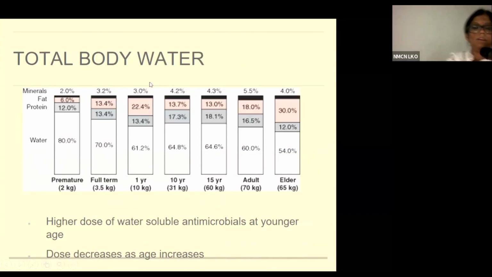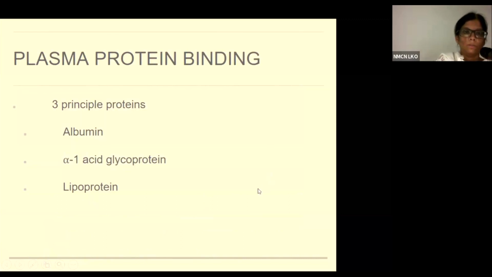As we can see, premature, full term, and less than 1 kilo babies have almost 60 to 80% total body water; the lesser the age, the more the total body water content. This factor has to be taken into consideration because we will require a higher dose of water soluble antimicrobials at a younger age as compared to an older person.